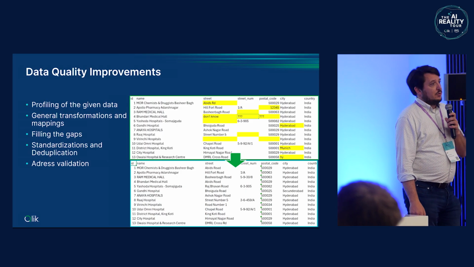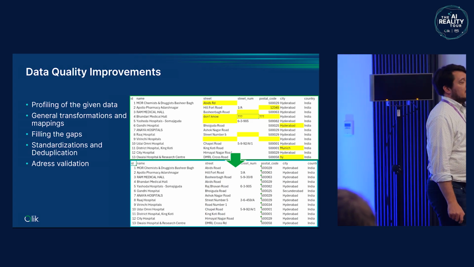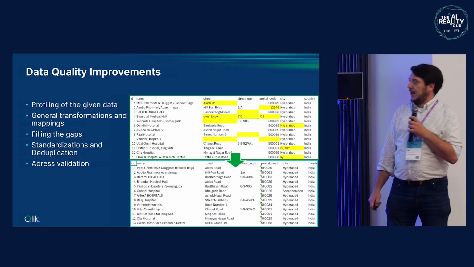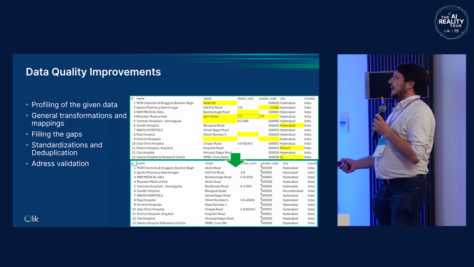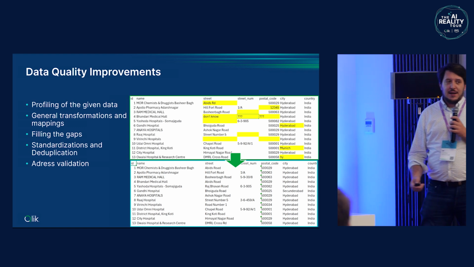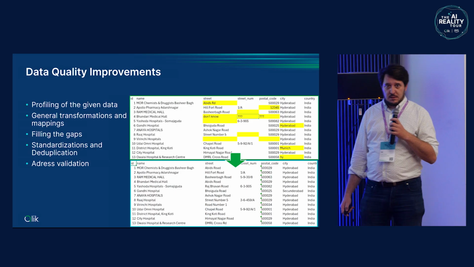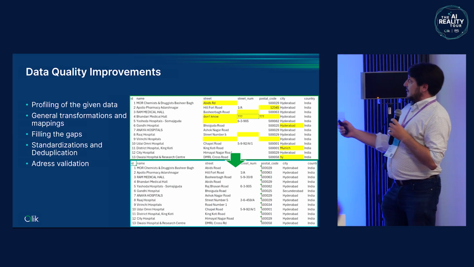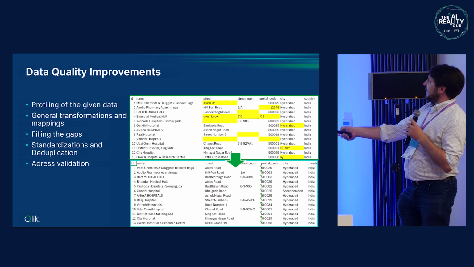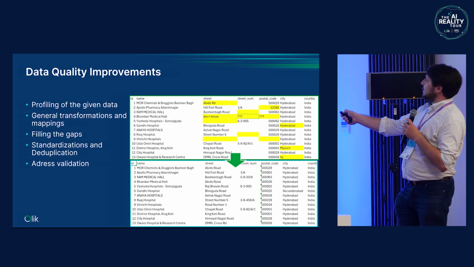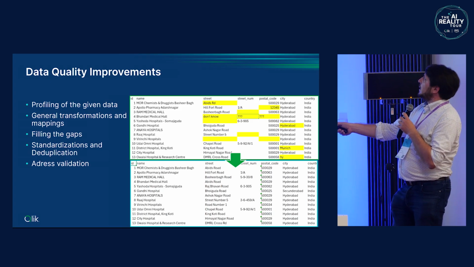Afterwards, we also did some address validation. So we have also APIs to multiple vendors that basically have a lot of address data, like Google Maps. This is an example from another customer that we showed there in the demo. They were a pharma company from India.